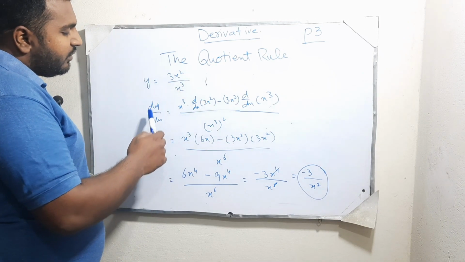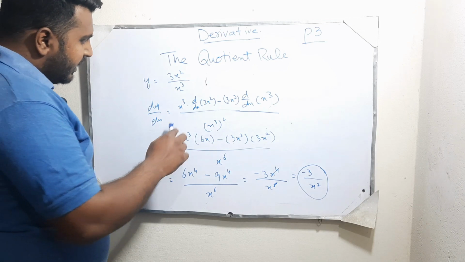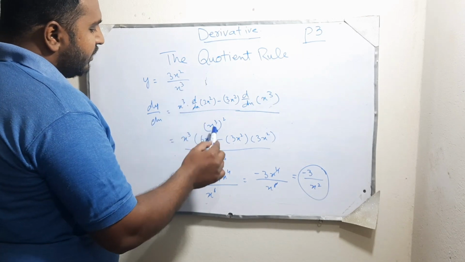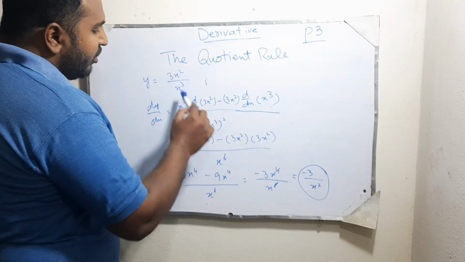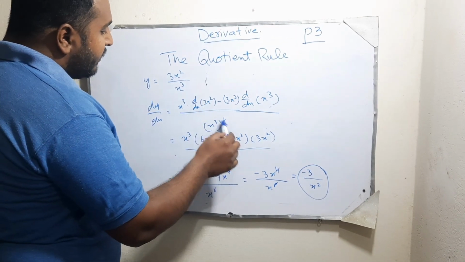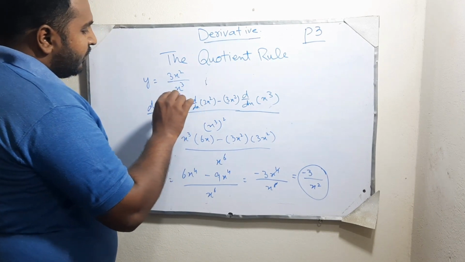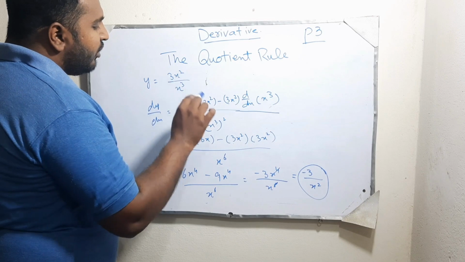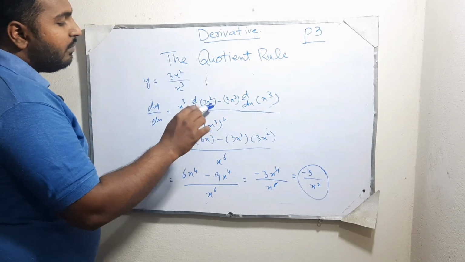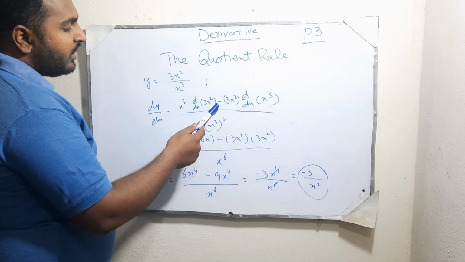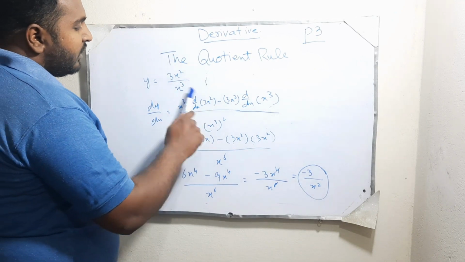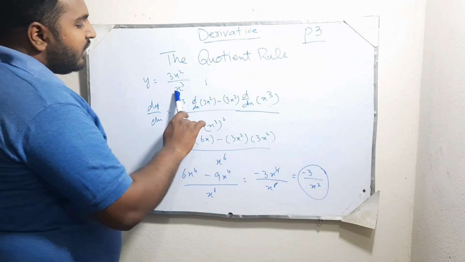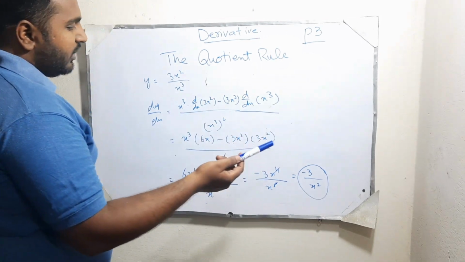When we take the derivative of this, dy over dx, then it would turn out to be like that: the square of the denominator in the denominator, and the derivative of the numerator here, 3x square, minus, here in the formula minus comes, then this would be as it is, and the derivative of x power 3 would be taken here.